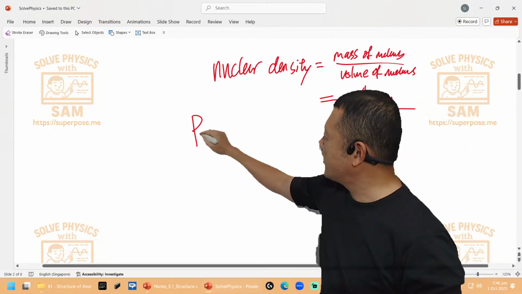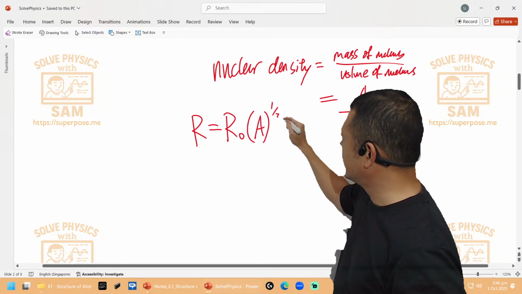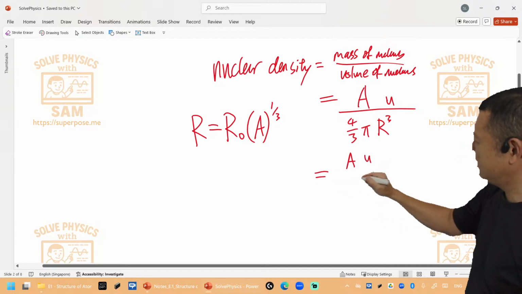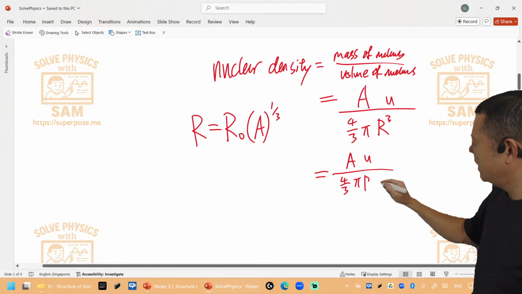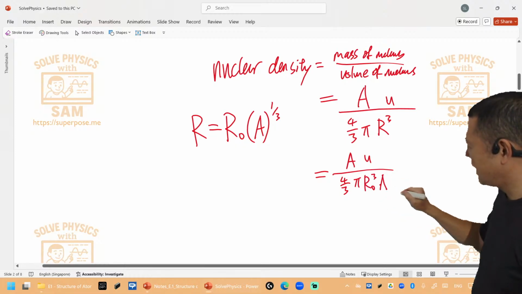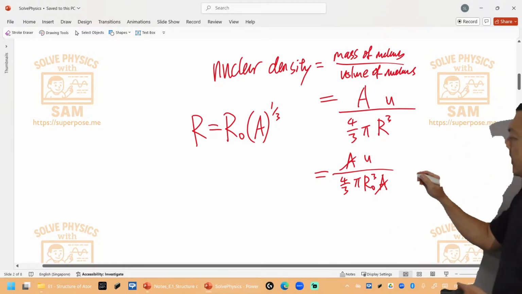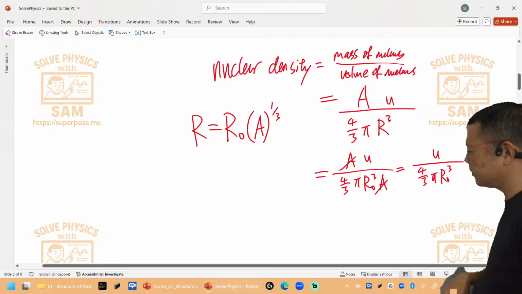But we know that r equals r naught A to the power 1/3. So very conveniently, A will cancel off. 4/3 pi r naught cubed times A. Which means it's basically one atomic mass unit divided by 4/3 pi Fermi's radius cubed.